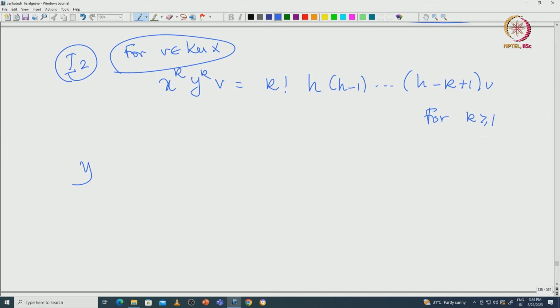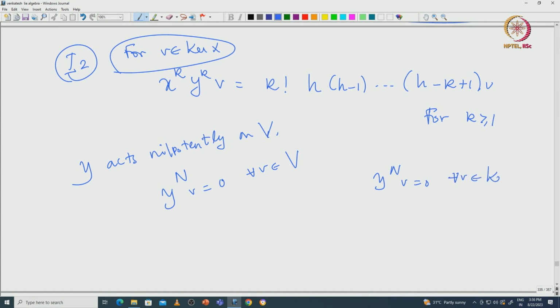This y acts nilpotently on this capital V. So, that means y^n for some large n is 0 for all v in V. In particular, y^n v will be 0 for all v in kernel x also.